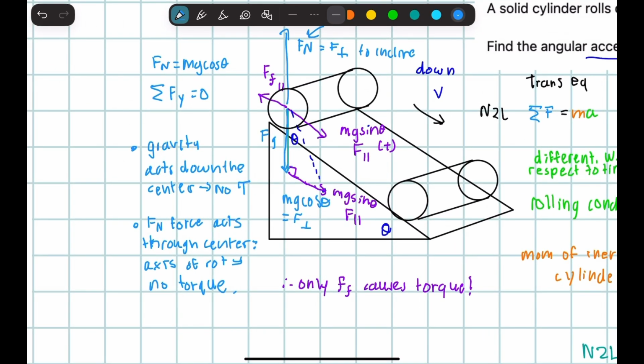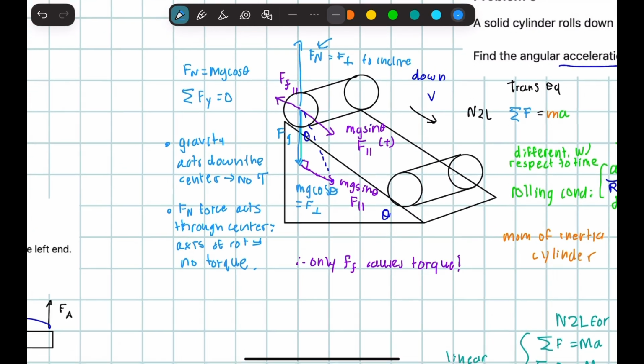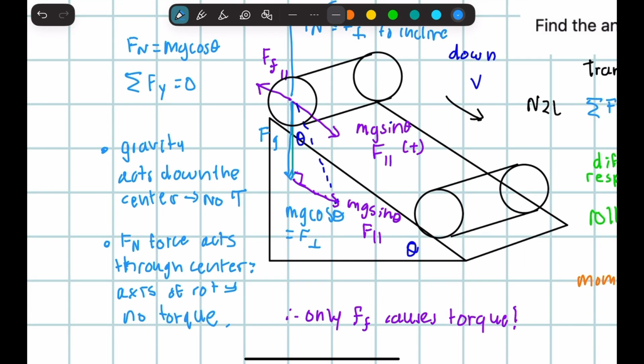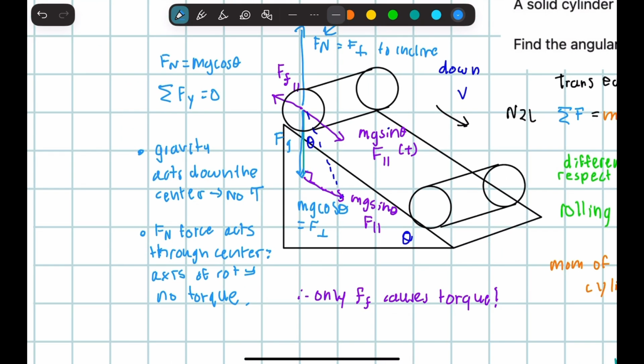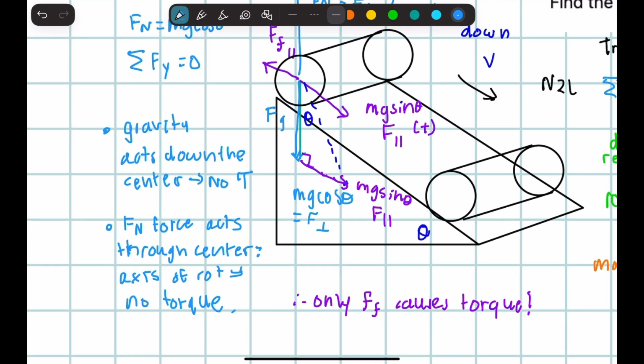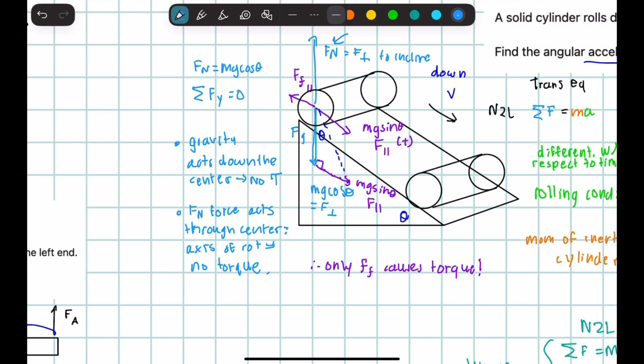That means only the horizontal direction is relevant. And also we have mg sine theta and mg cosine theta there from trig.